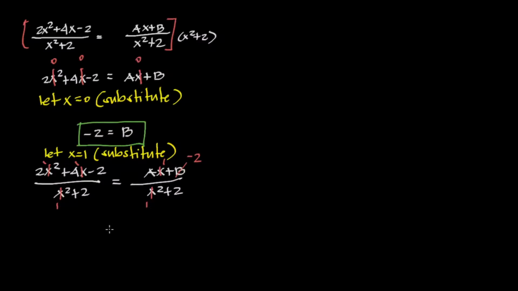So, we have a, simplify muna natin to. We have 2 plus 4 minus 2 over, that's 1 squared 1, so 1 plus 3.